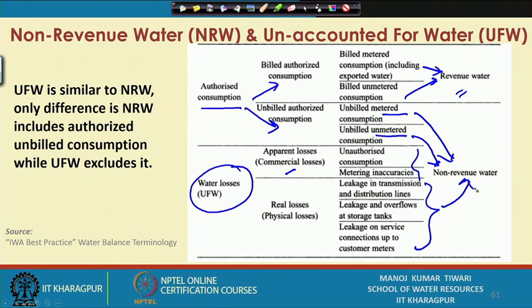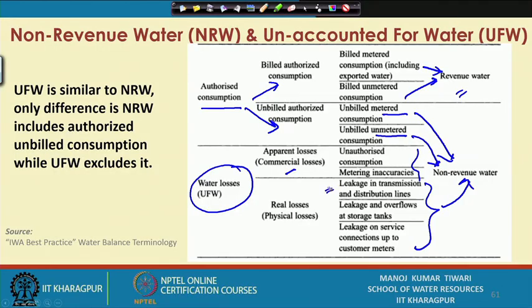The independent calculation helps to identify the real problem areas, where the problem is and at what scale, and then one can take remedial steps to improve the situation. For example, let us say you figure out that leakage in transmission and distribution lines is negligible, and leakage in the service connections is again negligible.